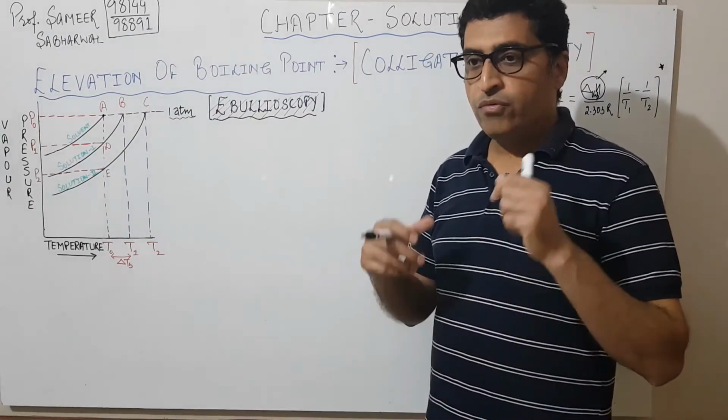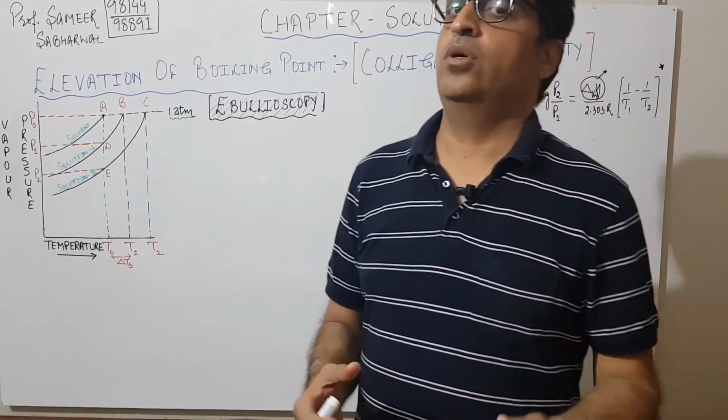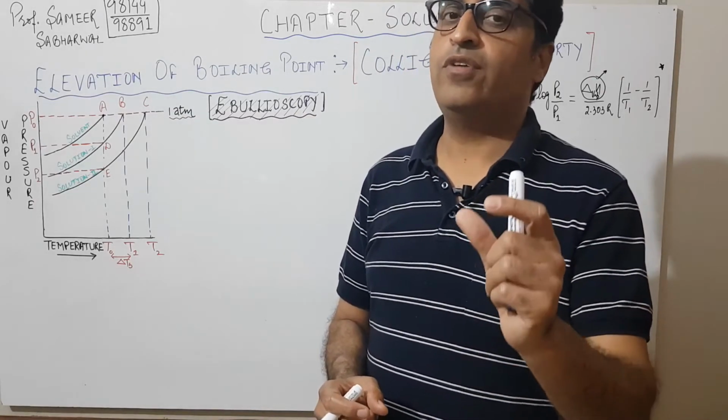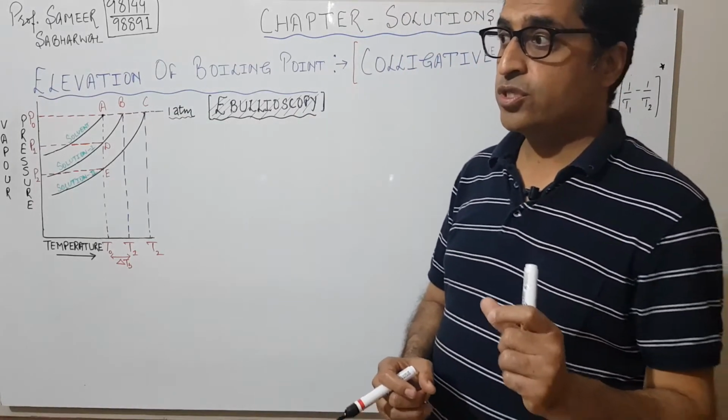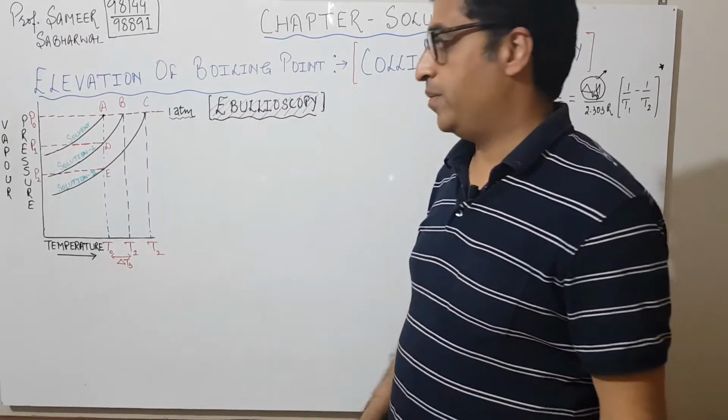So when we add non-volatile solute to a solvent, there is lowering of vapor pressure of solution, which is known as relative lowering of vapor pressure.